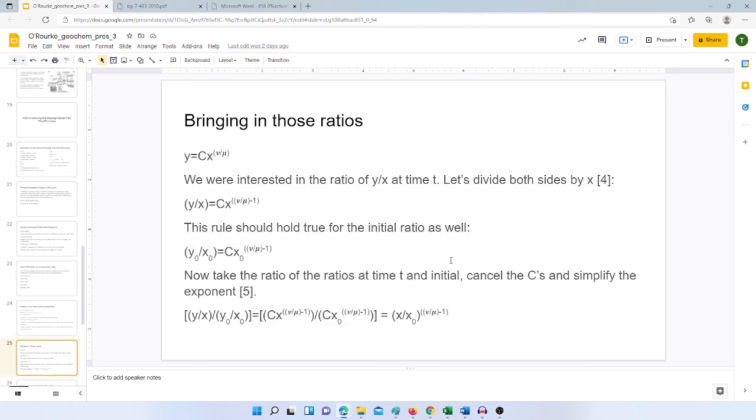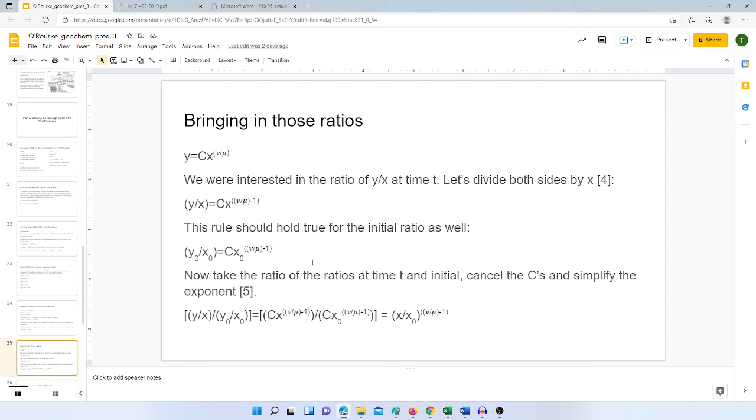So now we can bring in those ratios we've been so interested in. We were interested in the ratio of y to x at some time, usually the end of the distillation process. So let's divide both sides by x using rule 4. And if this is true at any part during the process, then it should be true for the initial ratio as well.